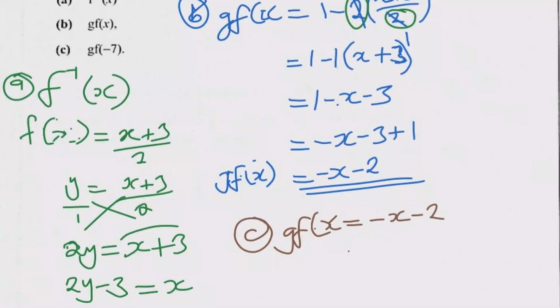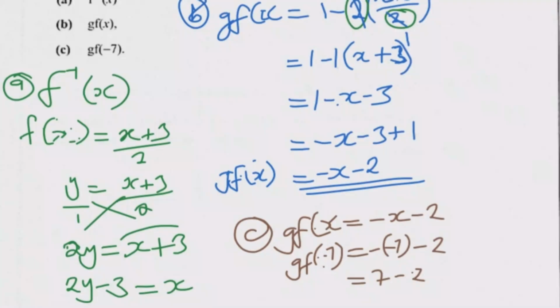Okay, so what we can do now is say g of f of negative 7 is equal to, where there is x, we're going to put negative 7. So it's open bracket, negative 7, close bracket, minus 2. Then negative times negative 7 will give us positive 7 minus 2.